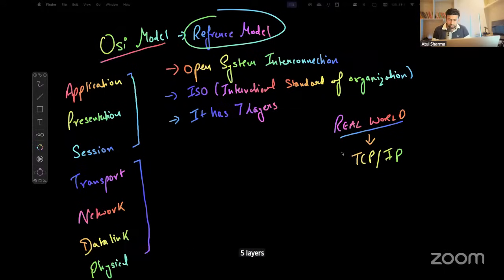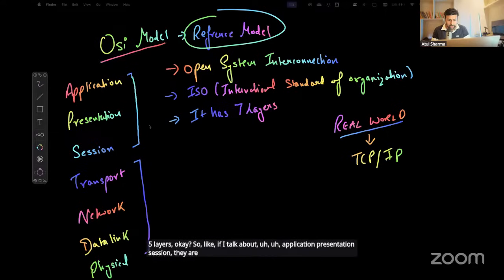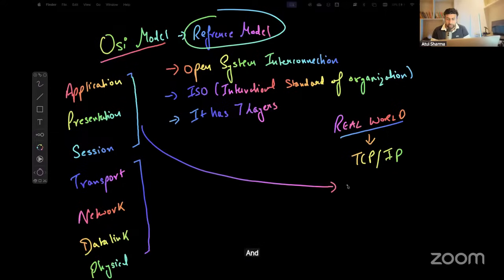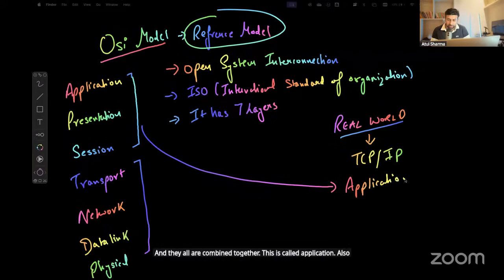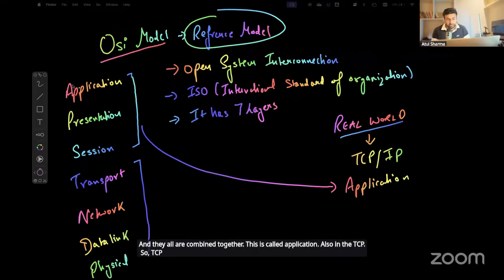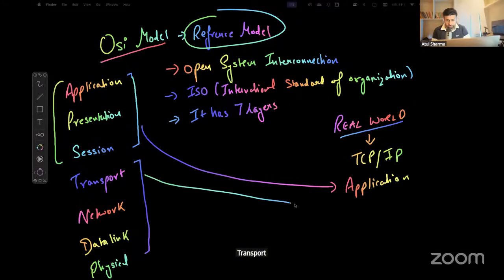If I talk about application, presentation, session, they are all combined together. In TCP/IP, all these 3 layers are combined and it is called the application layer. Transport is similar, transport.